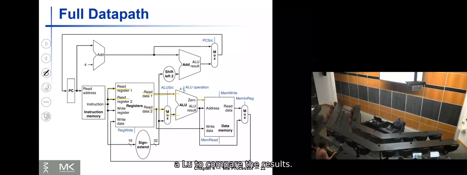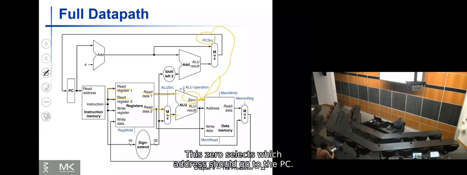The result, the zero, goes somewhere which selects this. We call it PC source here. This zero selects which address should go to the PC. Okay, for branch, two operands, two registers, are compared to each other.